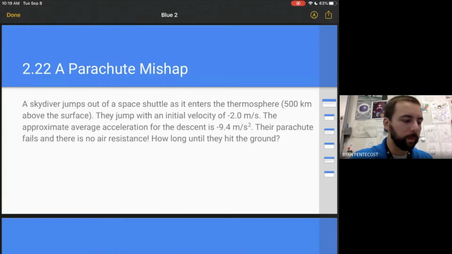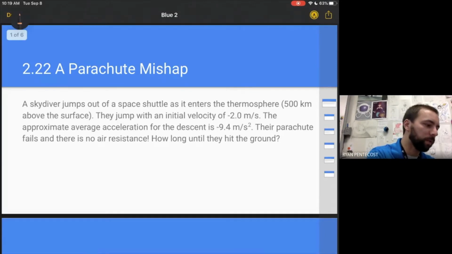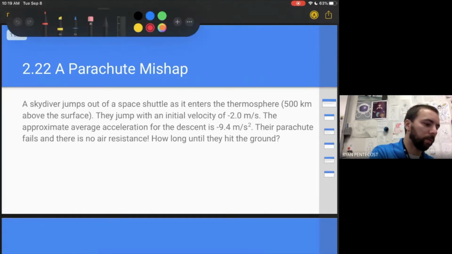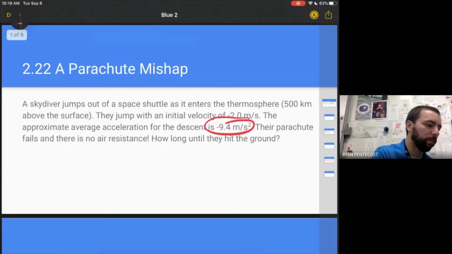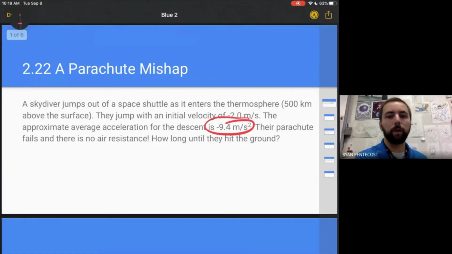So first, you always want to write down your givens, but I did want to make note of one of these givens. Right here, 9.4 meters per second squared on the average acceleration. Now, as you leave Earth's surface, technically your gravity gets weaker and weaker. Usually that's not an issue for civilians because we usually don't get high enough off the ground for that to matter.